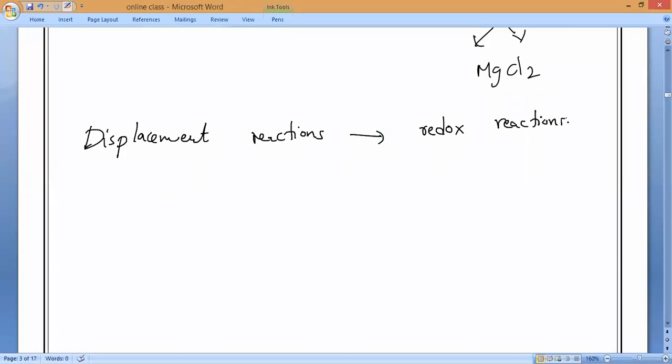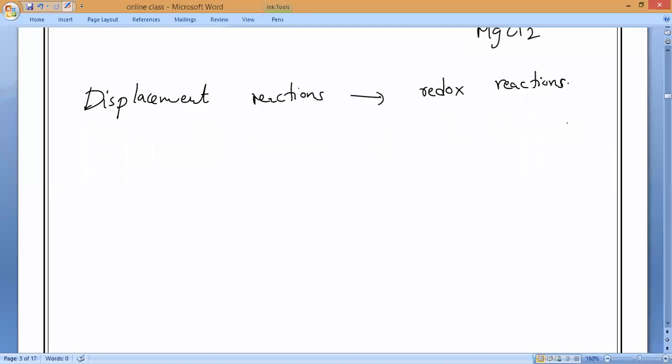Now, the displacement reactions take place based upon more reactive and less reactive metals. Is it yes or no, guys? Yes. Now we will take a displacement reaction.